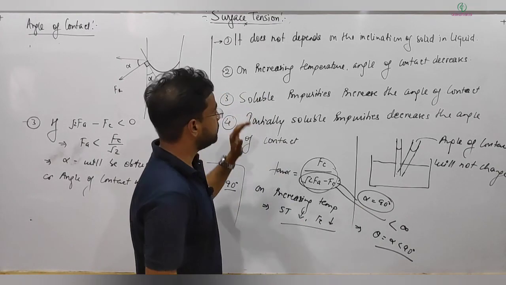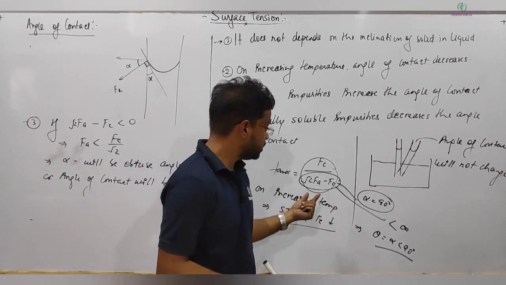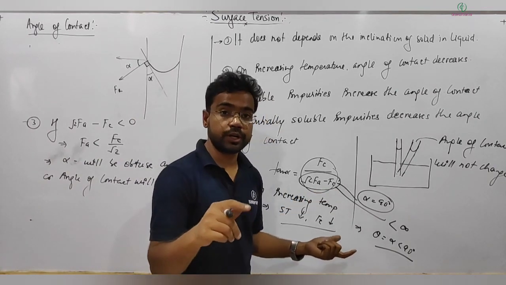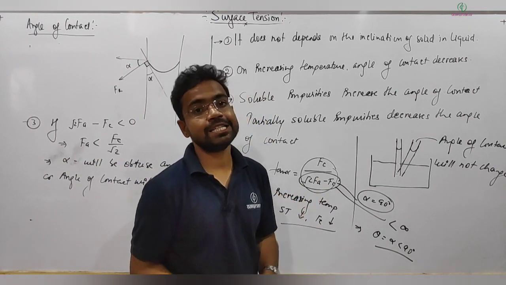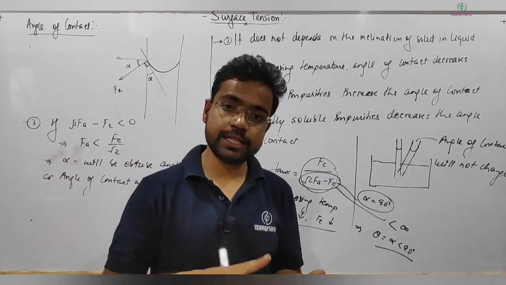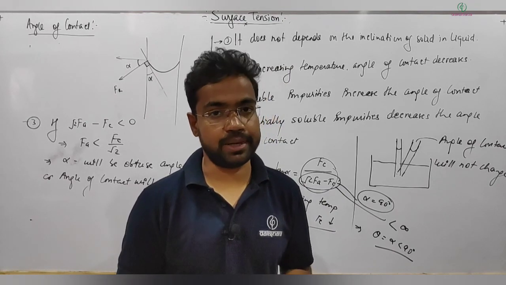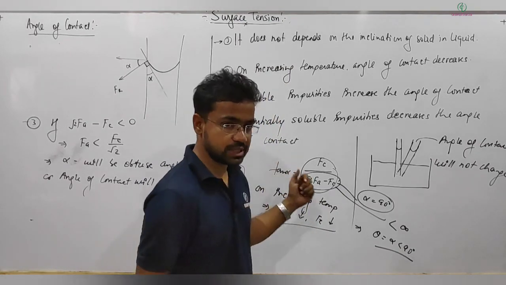Clear? And soluble impurities increase the angle of contact, because soluble impurities actually increase surface tension. If you remember the factors affecting surface tension that I discussed, that is impurities and temperature, you can connect those things here also.